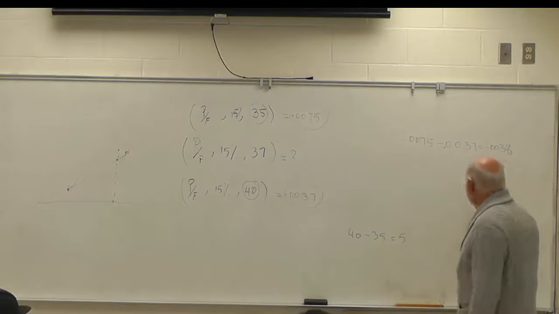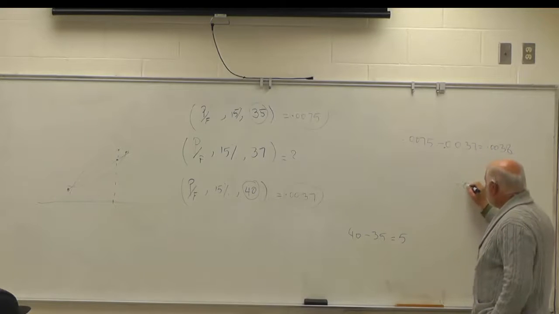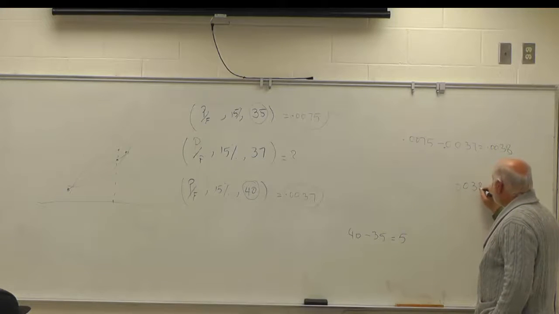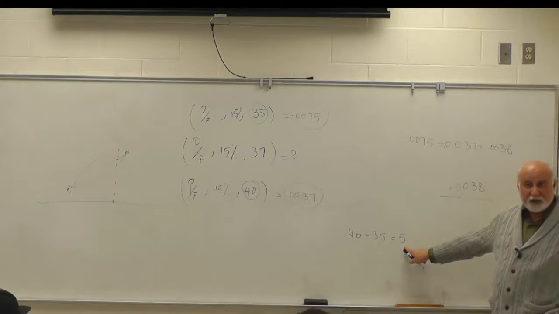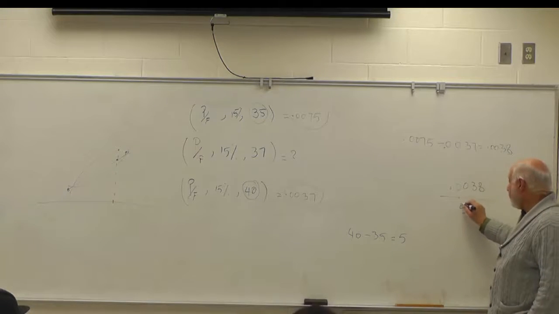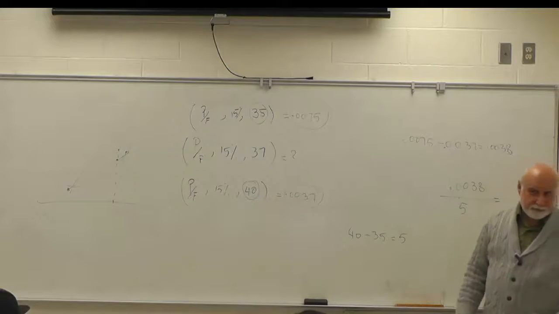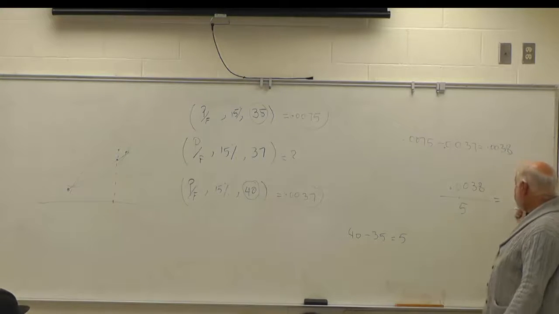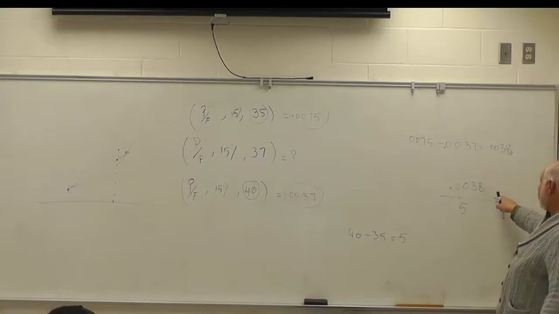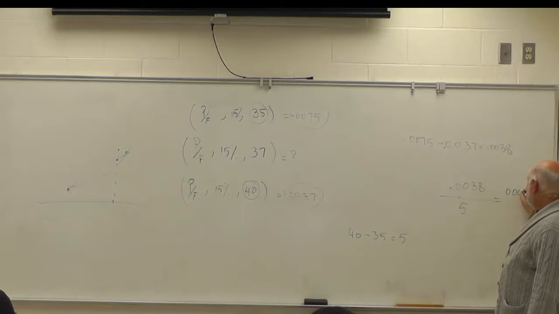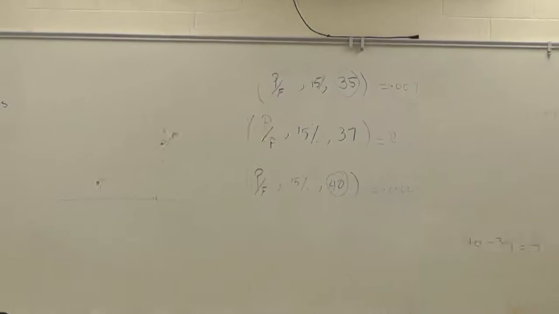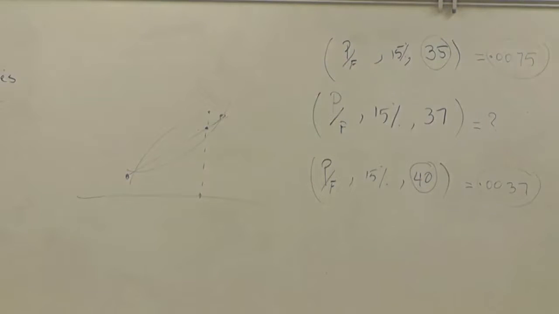Then you divide that number by the difference in years, by 5, and you get 0.00076.